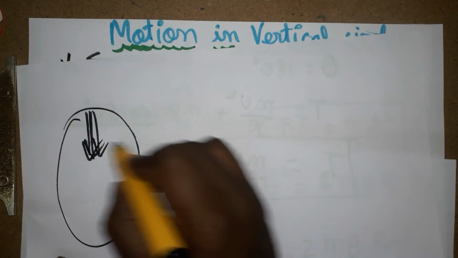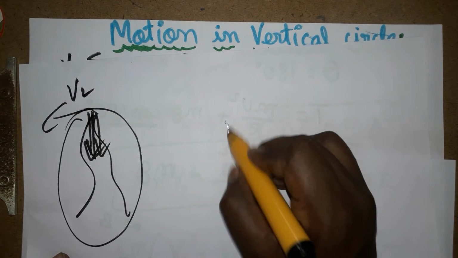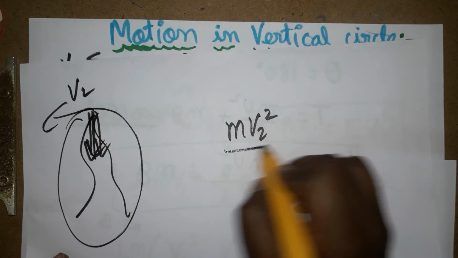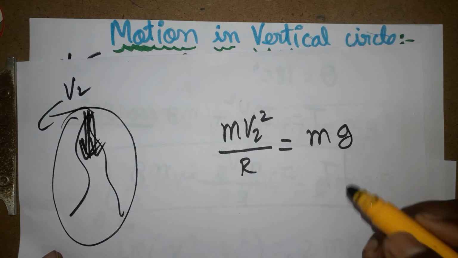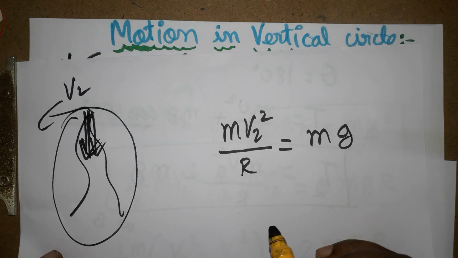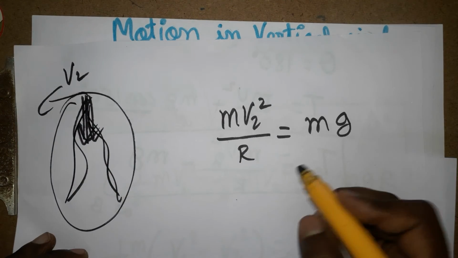When there is no tension, it's not going to make a vertical circle. Here we take v2 as the velocity. So the centripetal force m v2 square divided by r is equal to mg. Why am I taking it like this? Because when there is no tension, it's going to come down. It's not going to make a vertical circle.